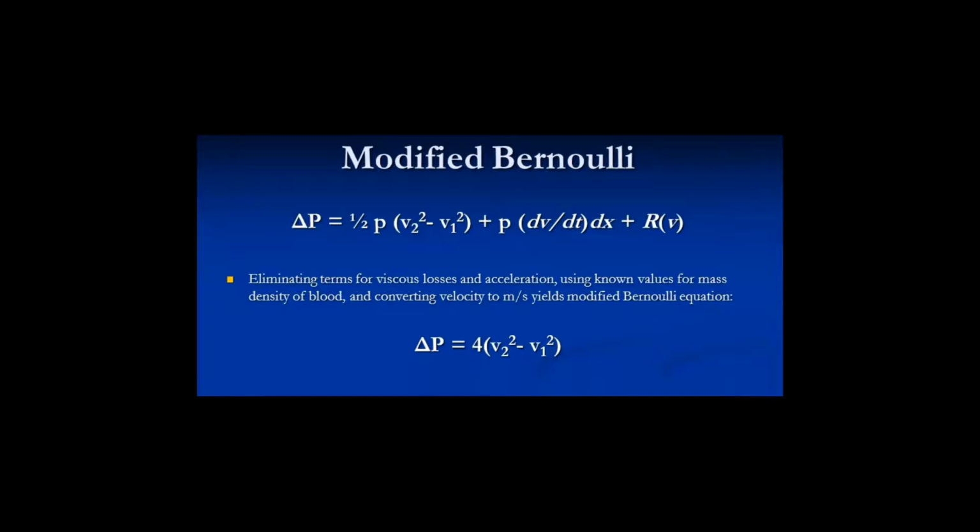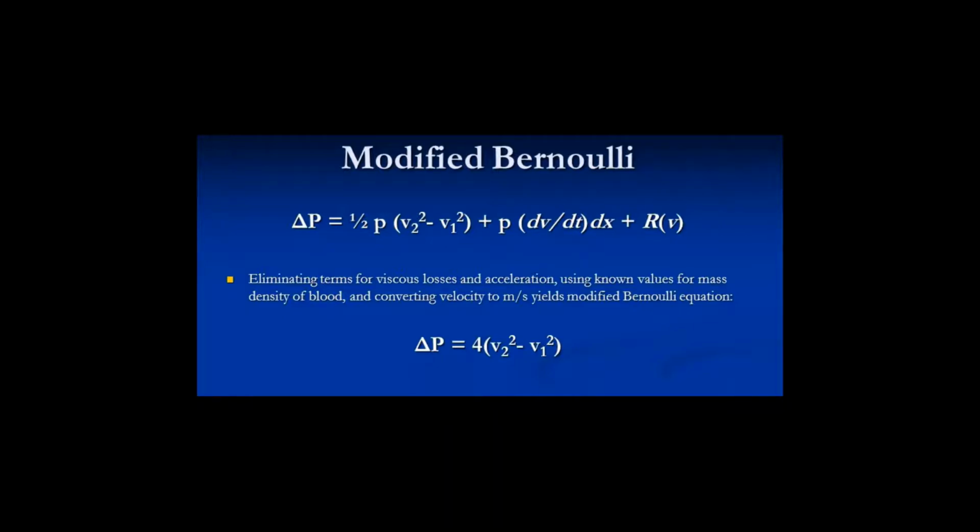That's a big deal. So this long formula encompasses the acceleration factor, convective factor, density factors. So they assume these are all negligible in echo, and they end up with this modified formula, which is the pressure gradient equals 4 times the difference of the squares between V2 and V1.